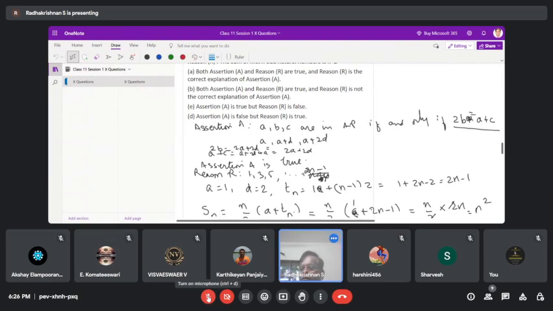Yeah, B is the right answer because it is not explaining. These are two different problems, right? Can we say that because of this, that can be explained? It is not like that. So they are both true, but this is not the correct explanation. Therefore, you have to choose option D.